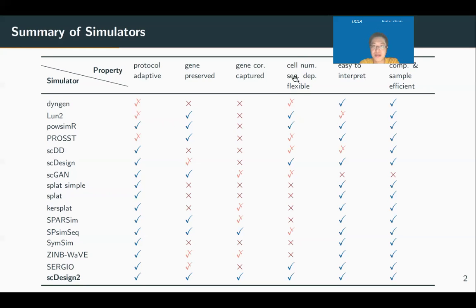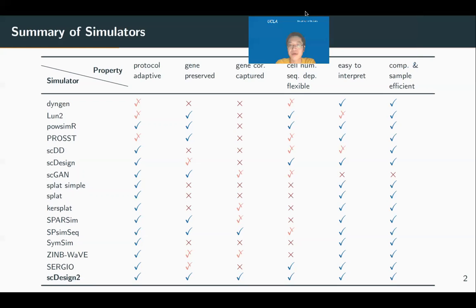And then we also want to be able to simulate data with different cell numbers and sequencing depths, because this will help with the experimental design part. And then we want our simulation model to be easy to interpret. And also the fitting of the model should be computationally and sample efficient. As we can see, although many methods have been proposed, none of them can achieve all of the 6 desirable properties at the same time. But for our proposed scDesign2, we believe that it can achieve all of the 6 properties.